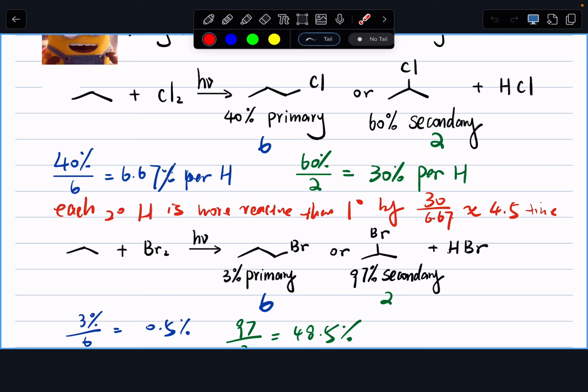But at the end of our last lecture, we raised the question that statistics and thermodynamics are not enough to explain the differences between the relatively low selectivity of chlorine abstraction versus the bromine abstraction. So bromine halogenation is way higher in selectivity compared to chlorination reactions.